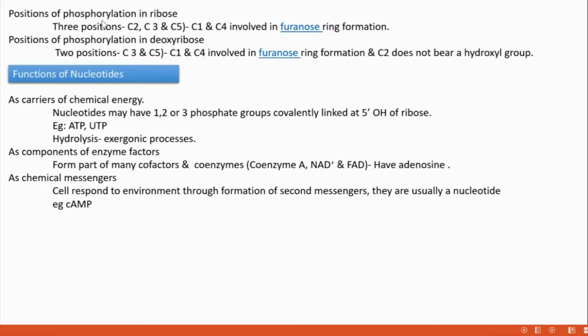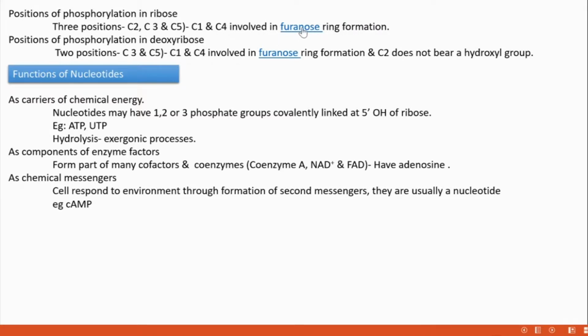Then positions of phosphorylation in ribose. In which positions does the phosphate group join in the case of ribose? Usually the positions are C2, C3 and C5. Why are C1 and C4 not involved? Because they are very important points for forming the furanose ring.